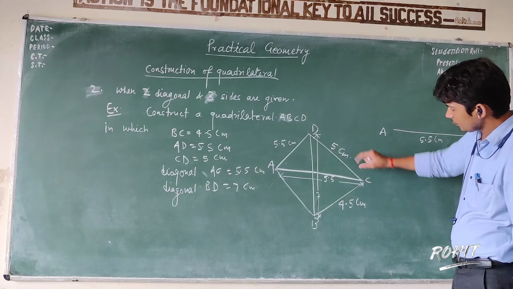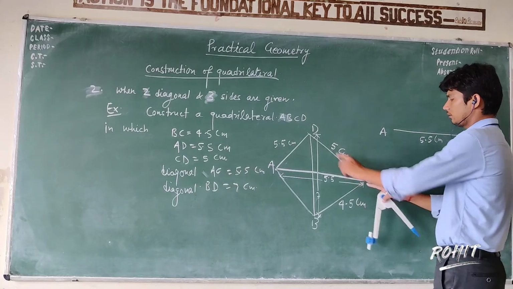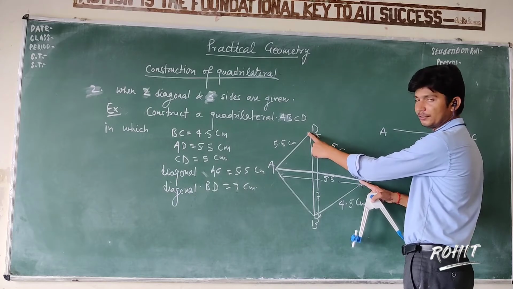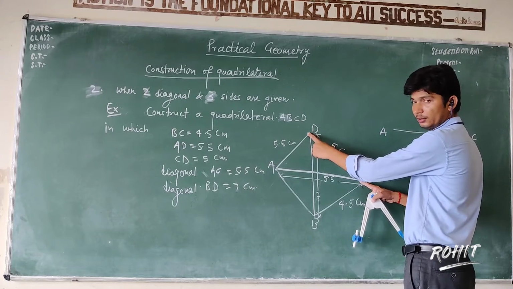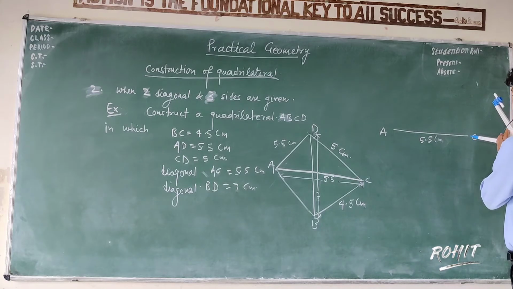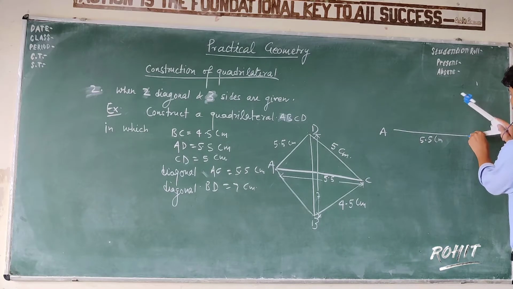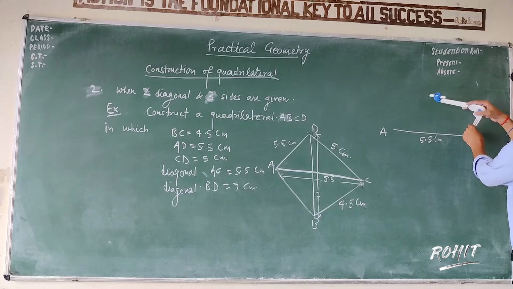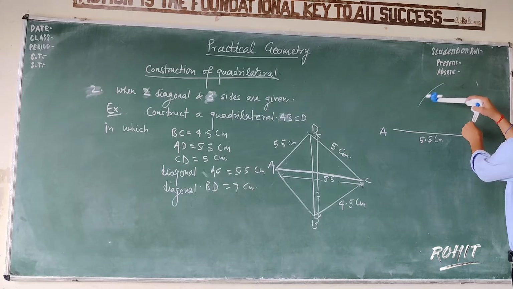Now take this length, that is 5 centimeter, in the compass and take C as center and draw an arc. So supposing this C as center, draw an arc here.